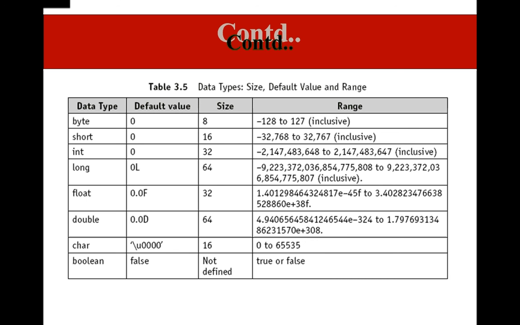That's why Java consumes 2 bytes of storage for handling characters. And finally, boolean contains either a true or false value. That's it. There is no range and no specific size for this.